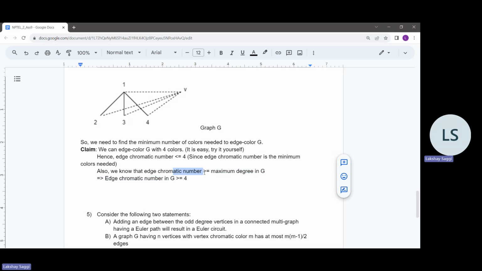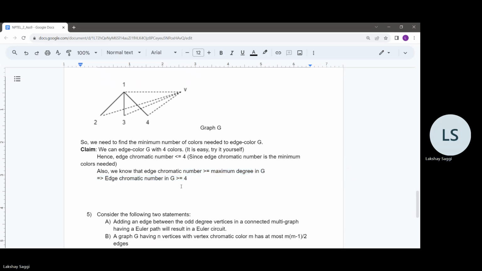And by using this general theorem, that the chromatic index is greater than or equal to the maximum degree, we showed that it is also greater than or equal to 4. The upper bound of 4 was proved by the existence of a coloring with 4 colors, and the lower bound of 4 was proved by the maximum degree argument. I hope the flow of the solution is clear to everyone.